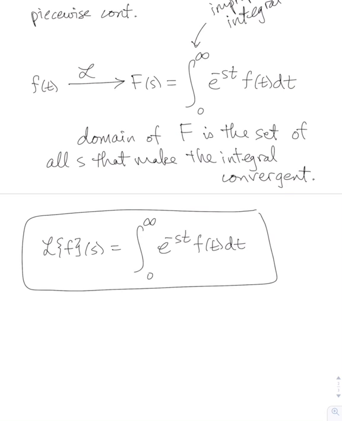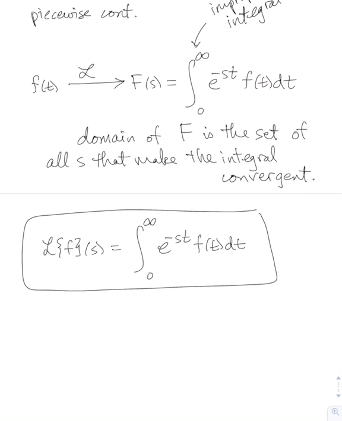L, by the way, is a linear operator. The Laplace transform of a sum is a sum of Laplace transforms. The Laplace transform of c times f is equal to c times the Laplace transform of f. So just like the differential operators we looked at before, the Laplace transform is a linear operator.